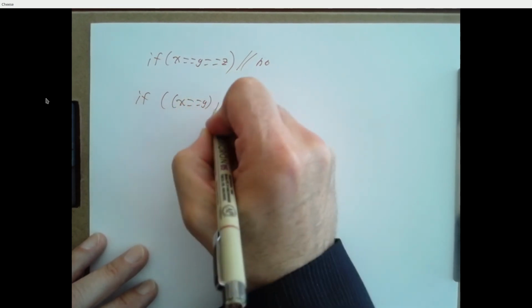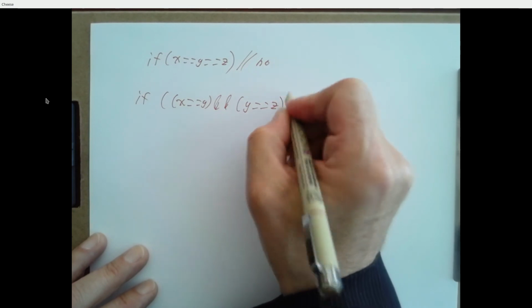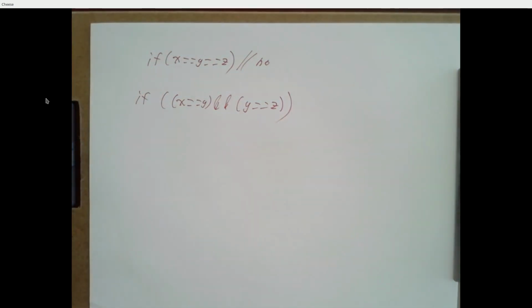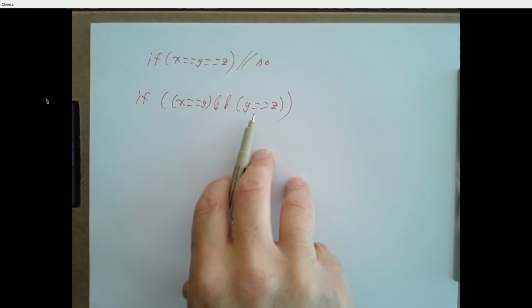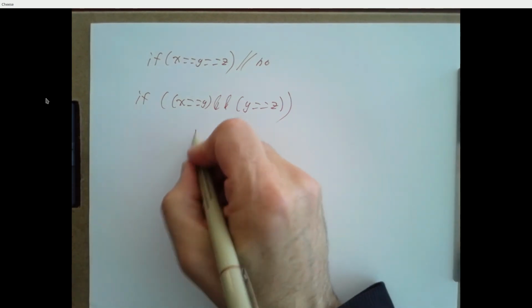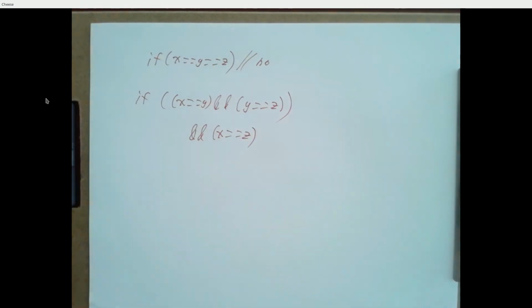So that's another no. This will work. If x equals y and y equals z, so 2 ampersands, combine 2 Booleans with conjunctions. So if this is true and this is true, and some people did this, is that necessary though?